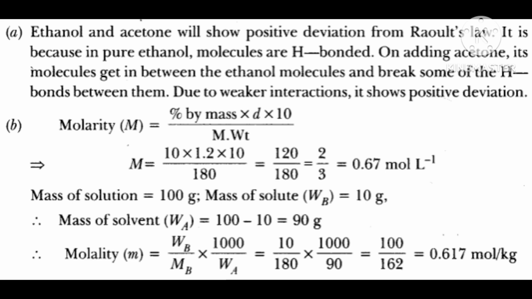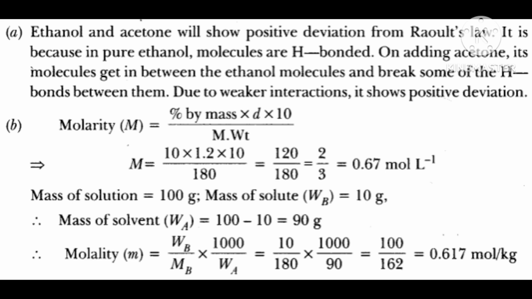Now, the total vapor pressure formula I have already discussed. Total vapor pressure is equal to P10 plus, in brackets, P20 minus P10, multiplied by x2.